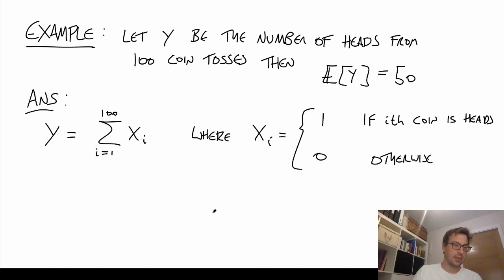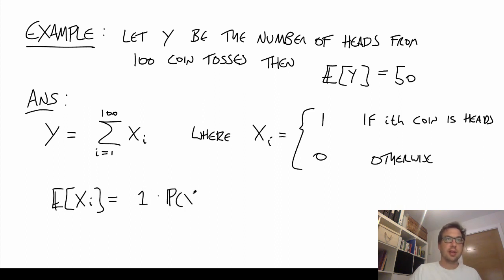Okay, notice I can work out the expected value of each x_i. Alright, well, it's going to equal 1 times the probability that x_i equals 1 plus 0 times the probability that x_i equals 0.